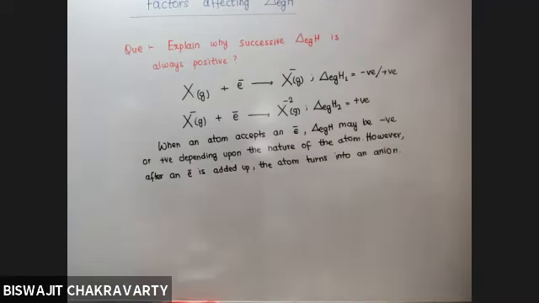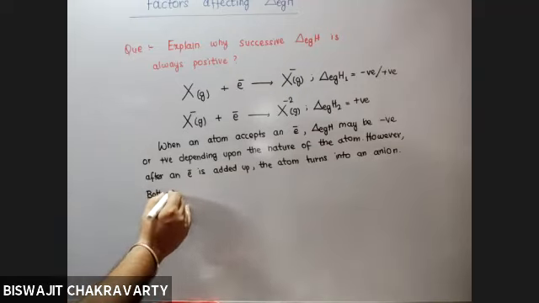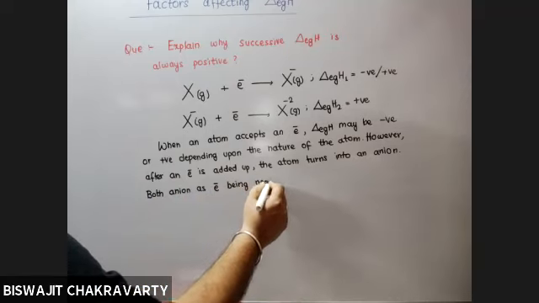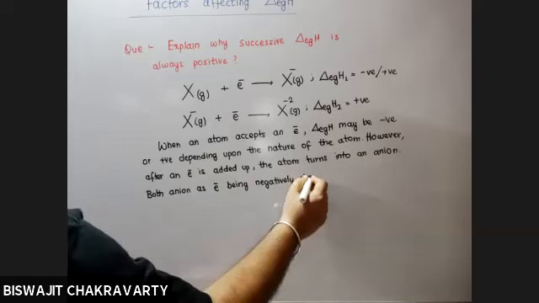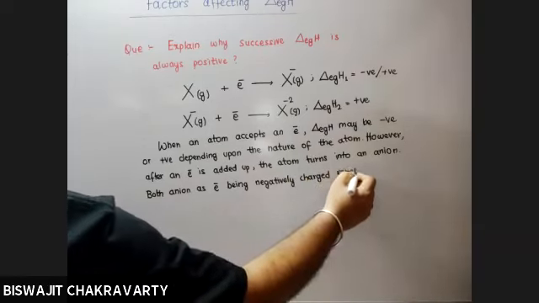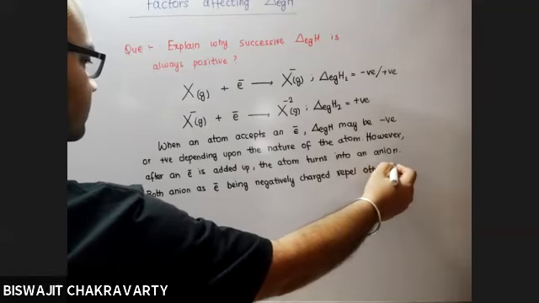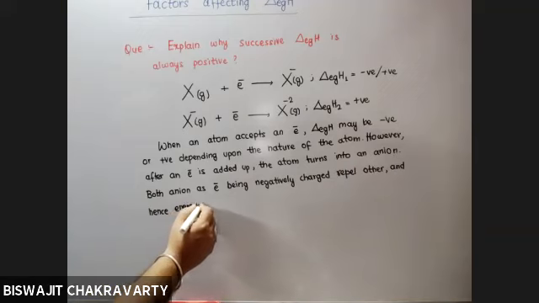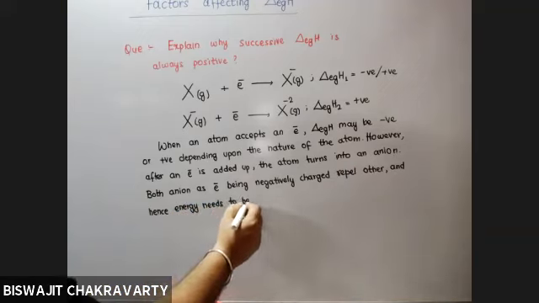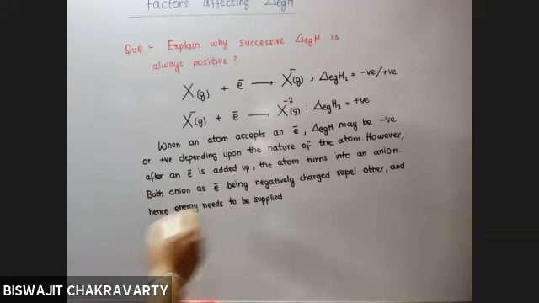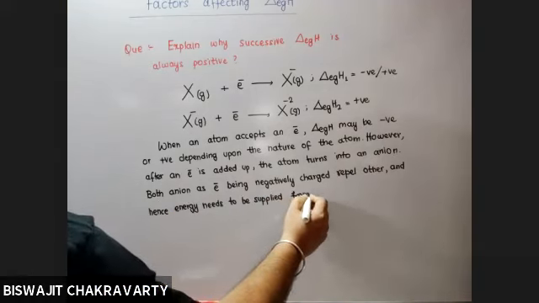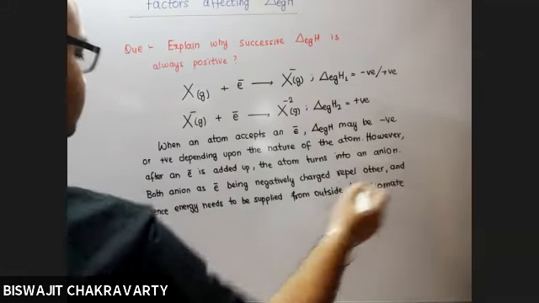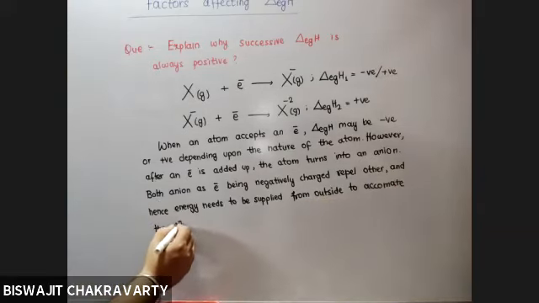Both the anion and the electron, being negatively charged, repel each other, and hence energy needs to be supplied from outside to accommodate the second electron onwards.